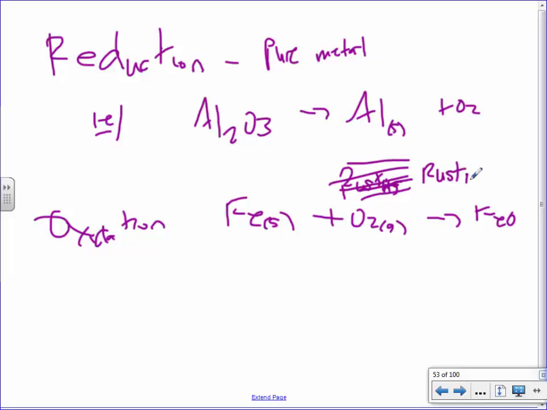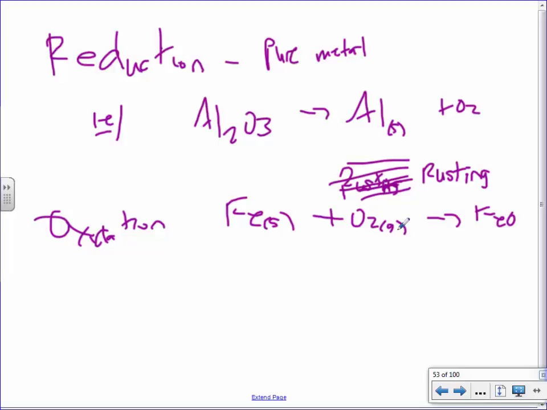R-U-S-T. I haven't used this pad in a while, so I'm kind of bad at this one. Rusting is where basically something corrodes. Rusting, though, usually refers specifically to what happens to iron, whereas the term corrosion is an overarching term for anything that does this oxidation process.